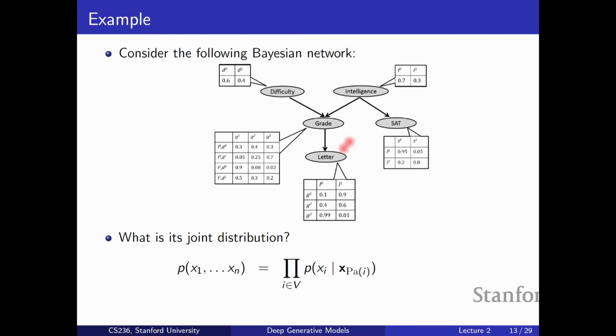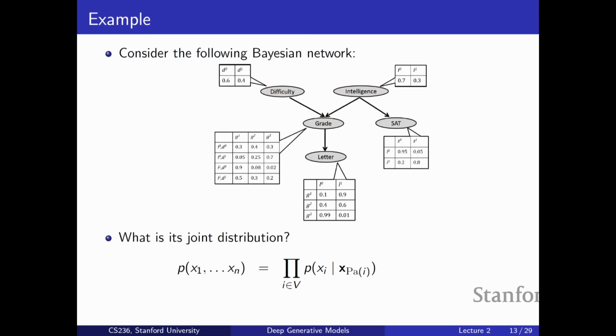For this particular graph, this node doesn't have any parent, so you just write the marginal probability of that node. This node doesn't have any parent either, so again, it's just the probability of getting different intelligence values. The grade has two arrows incoming from difficulty and intelligence.